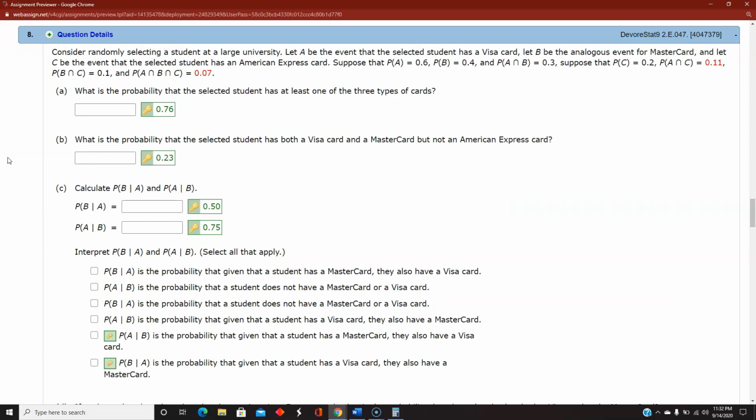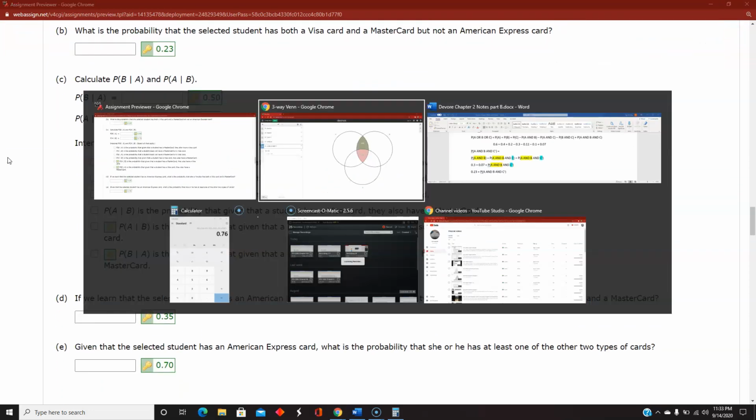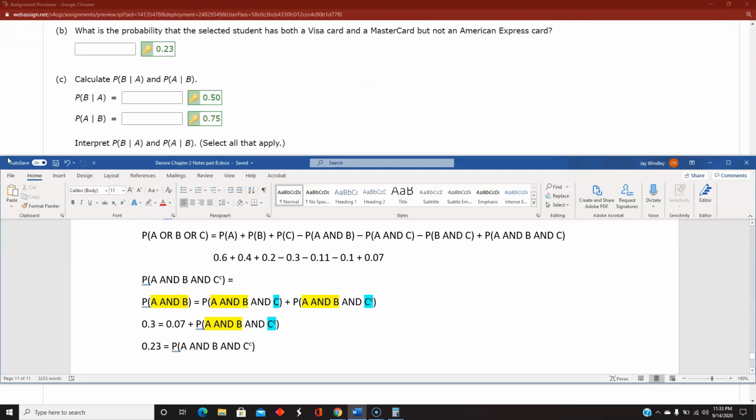The next parts, calculate B given A and A given B. That's fairly straightforward because we have formulas for that.